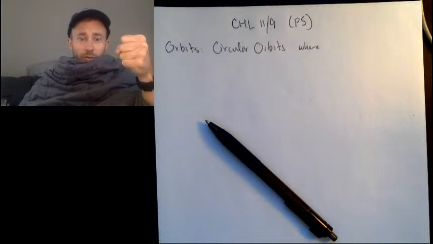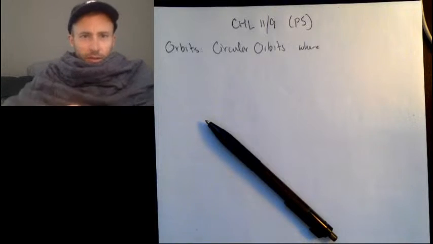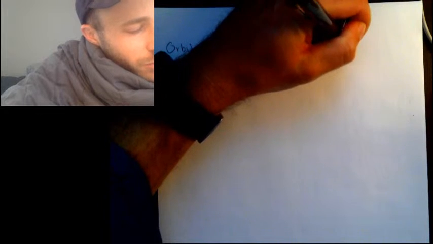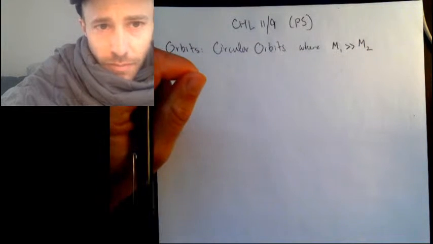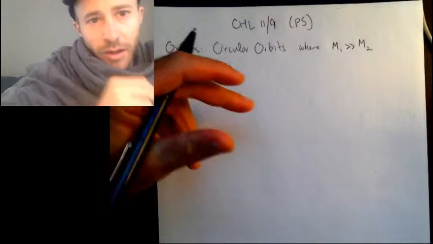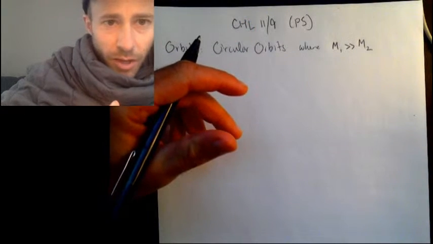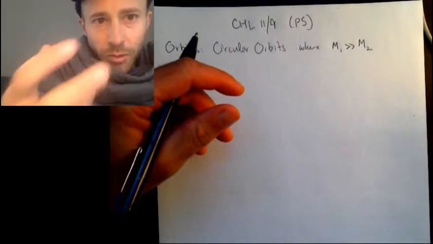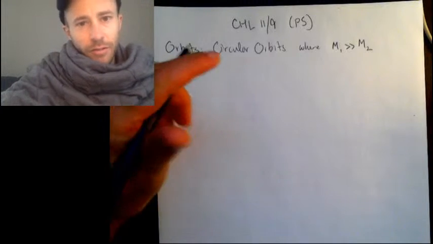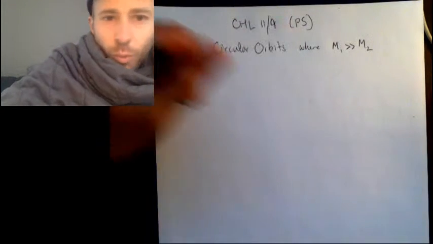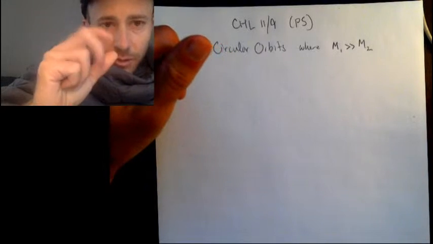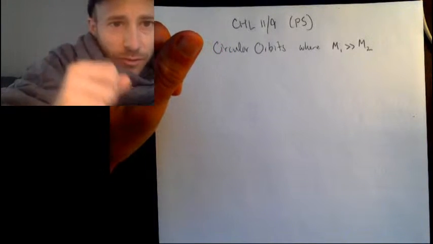It does move a little bit, but not very much. So we're going to consider circular orbits where one of the masses is much, much greater than the other mass. A good example of that would be a moon orbiting a planet, or a planet orbiting a star, something of that nature. Okay? So whenever that happens, that means one of the objects is going to be pretty much completely fixed.